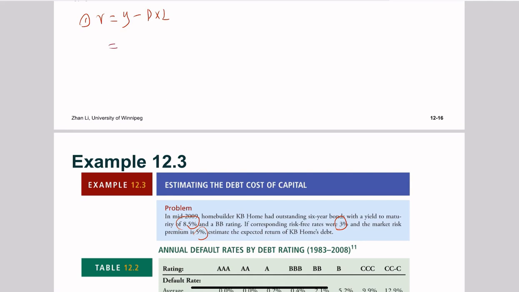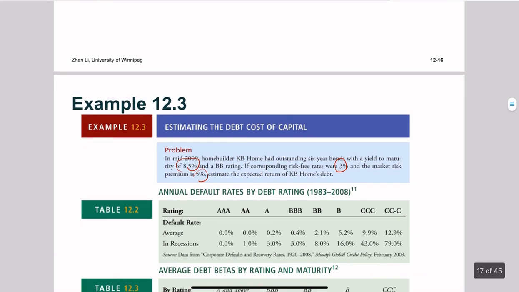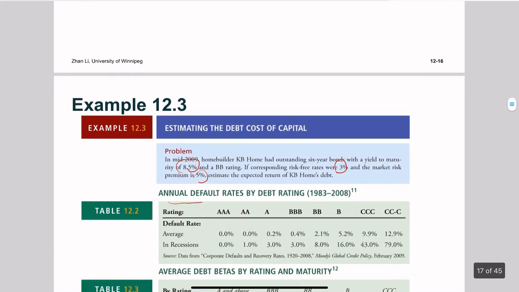Y is the yield, so it's 8.5%. What is P? We will look at this annual default rate. And here you can see that according to this table, in average times, a BB rated debt has a default rate of 2.1%. In recession, you will have 8%.